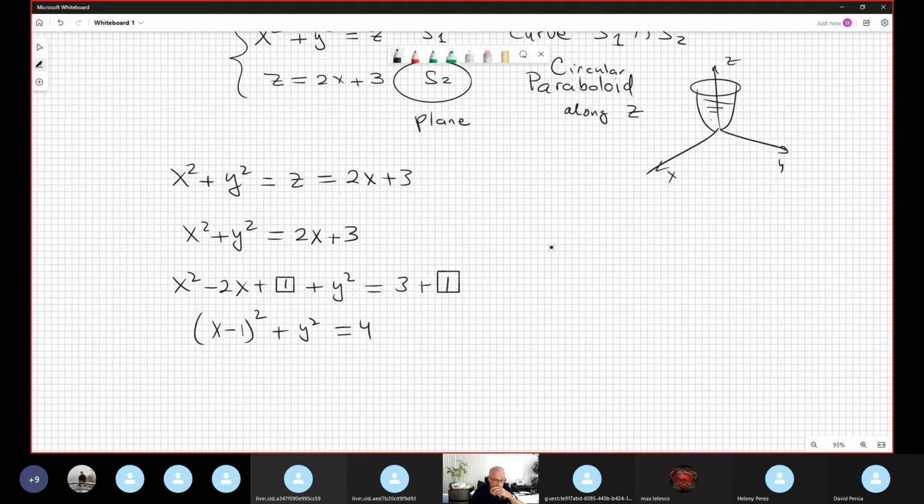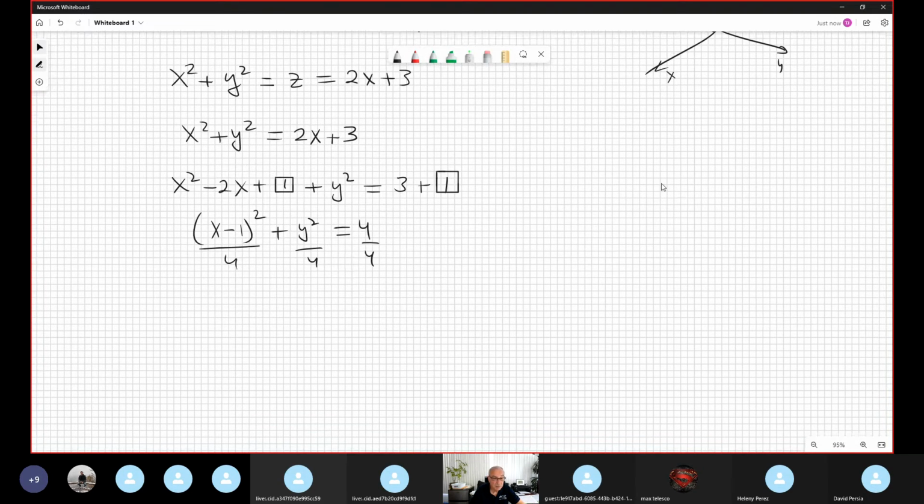Okay, easy to declare. You divide by 4, obviously. And we have ((x minus 1) divided by 2) squared plus (y over 2) squared equal 1. Okay, entonces yo declaré que (x minus 1) over 2 es cosine t.